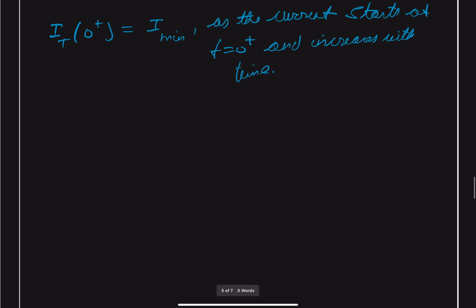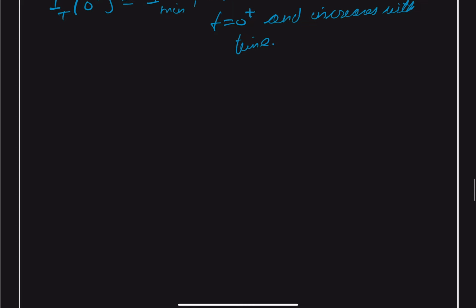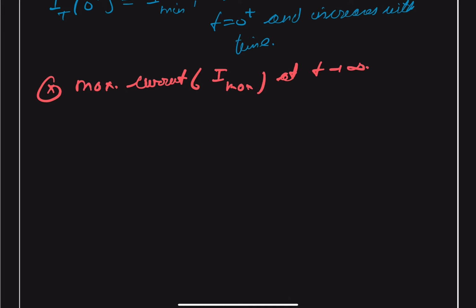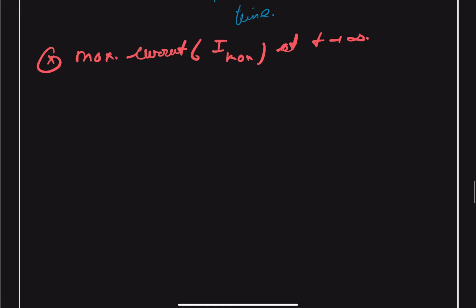Now we can find out our maximum current, which is our Imax, and this happens at t tends to infinity, which is our steady state. Now the inductor will be short circuit and it will consist of only its internal resistance.